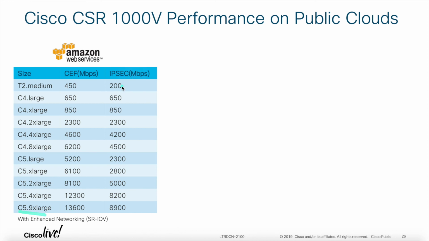And if you use IPsec, you can have about 9 gig. This is official documentation from Cisco. The documentation number is LTRDCN-2100, but this has no details, so don't trust this documentation wholly, and test with your own hands and make a decision.